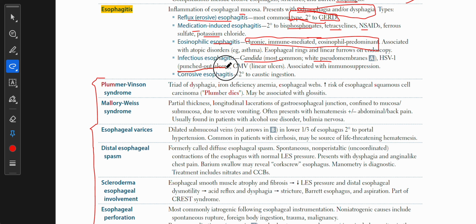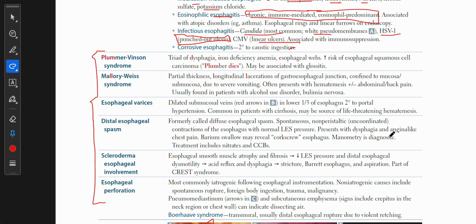You have to remember this very high yield point in here. Punched-out ulcers. And CMV, cytomegalovirus, causes linear ulcers associated with immunosuppression. Corrosive esophagitis is secondary to caustic ingestion, right? So punched-out ulcers are present in HSV1, while linear ulcers are present in CMV.